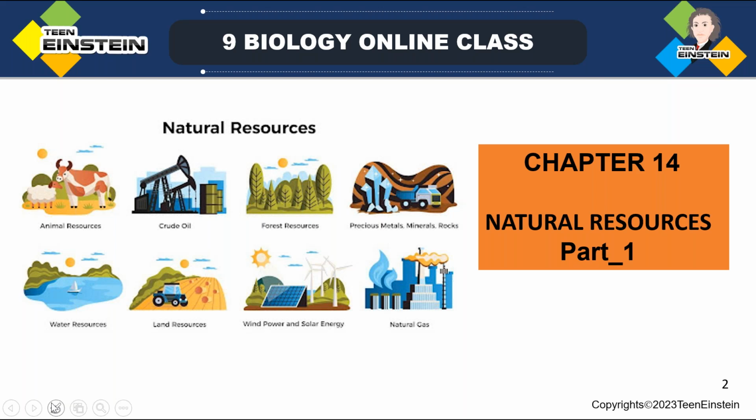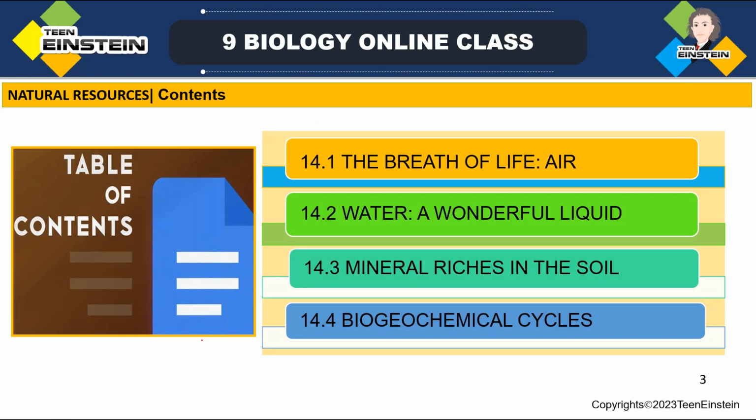So about that we are going to discuss in this chapter, natural resources. Mainly we are going to discuss air, water, minerals, then biogeochemical cycles. We know about life, what is life, that life exists only on Earth, and what are the conditions supporting the existence of life.